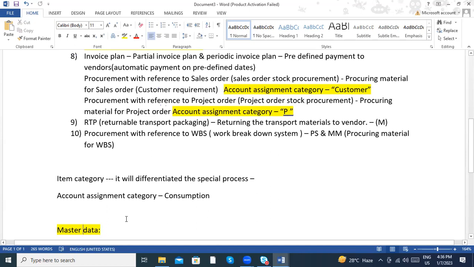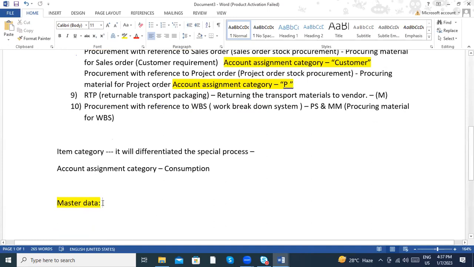If we have a pen, then its color, size, length, width, gross weight, net weight, the product name, what kind of product it is, raw material or finished goods, what category it belongs to, and who will be responsible for this product in my company. And how we can order this product, and how we can maintain this product in my location. These are the basic informations, and we maintain that information at the master data level.